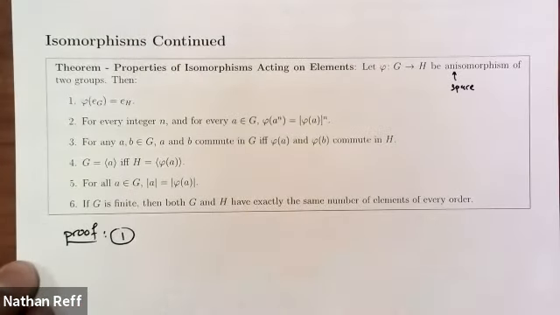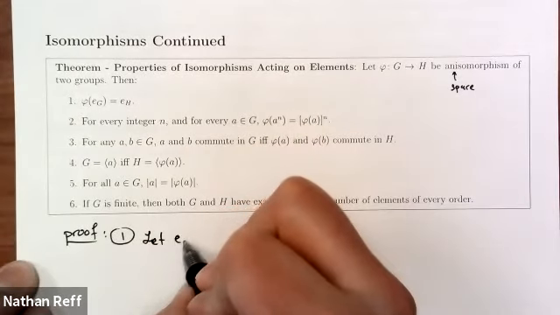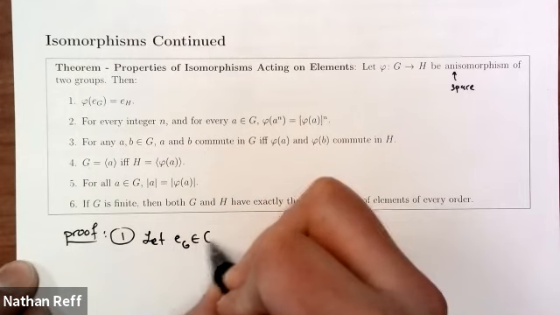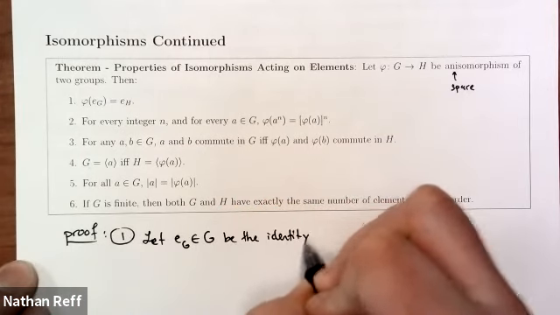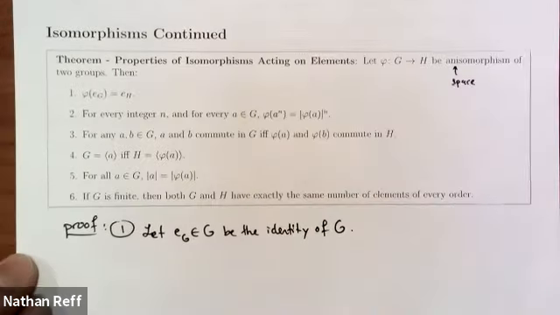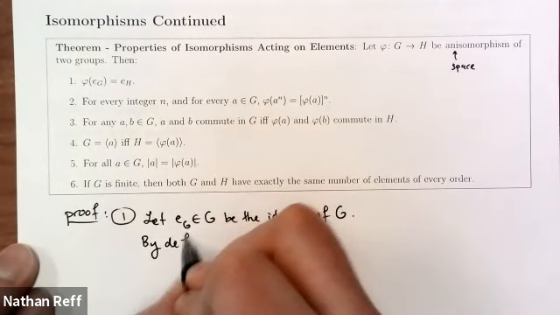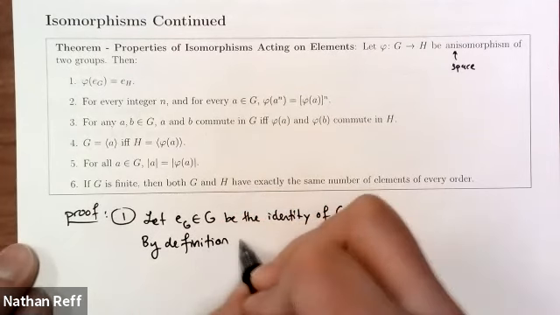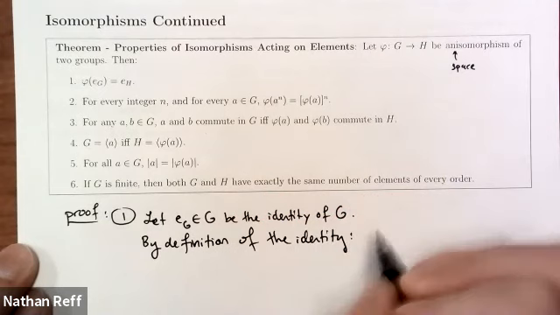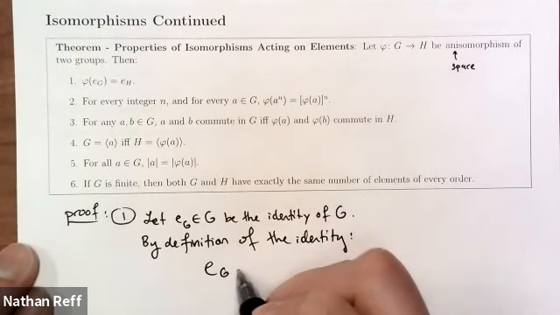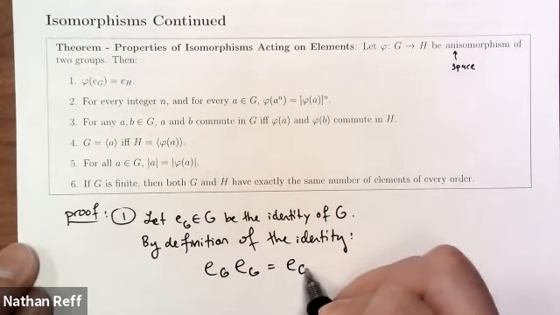So let EG be the identity of G. Do you agree, by definition of the identity, I'd have to have EG times EG is equal to EG?